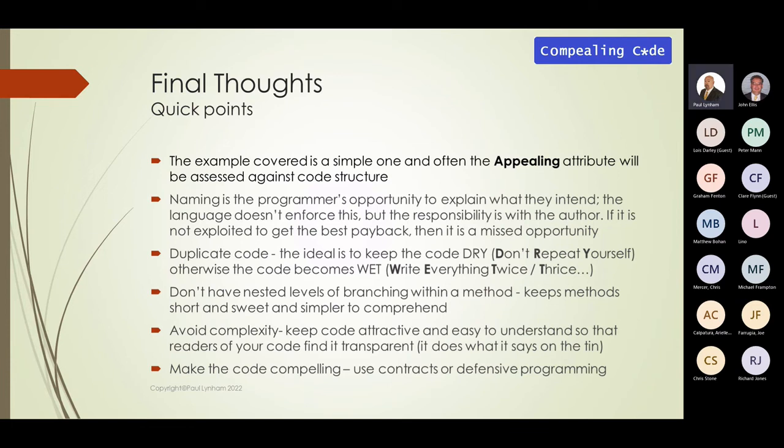And then make the code compelling. Use contracts or defensive programming. Some people use something called offensive programming to get it done. Some languages have keywords for contract programming, such as Eiffel. They've got keywords like require and ensure and so on, so you can look at preconditions and then postconditions.